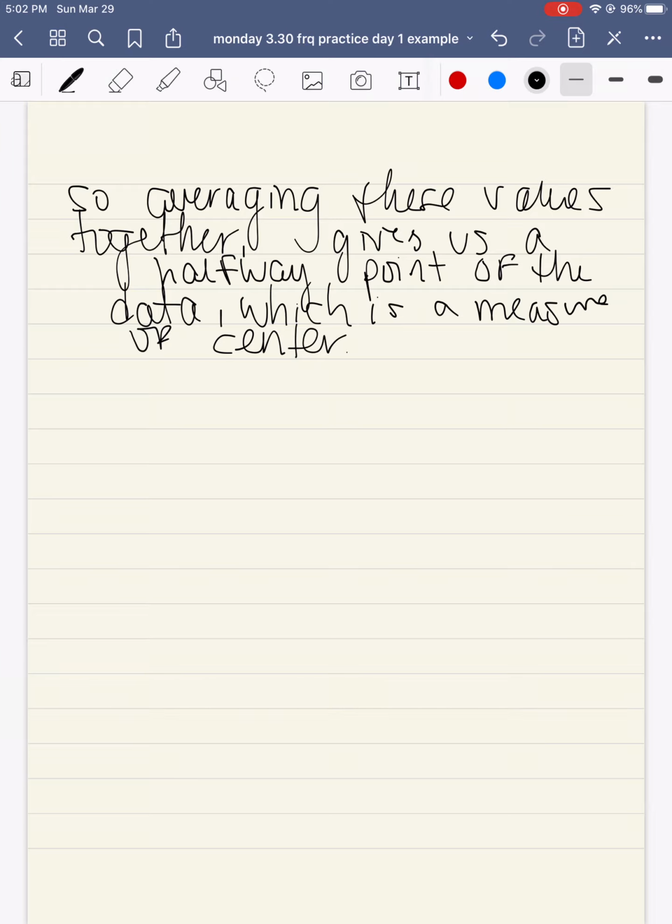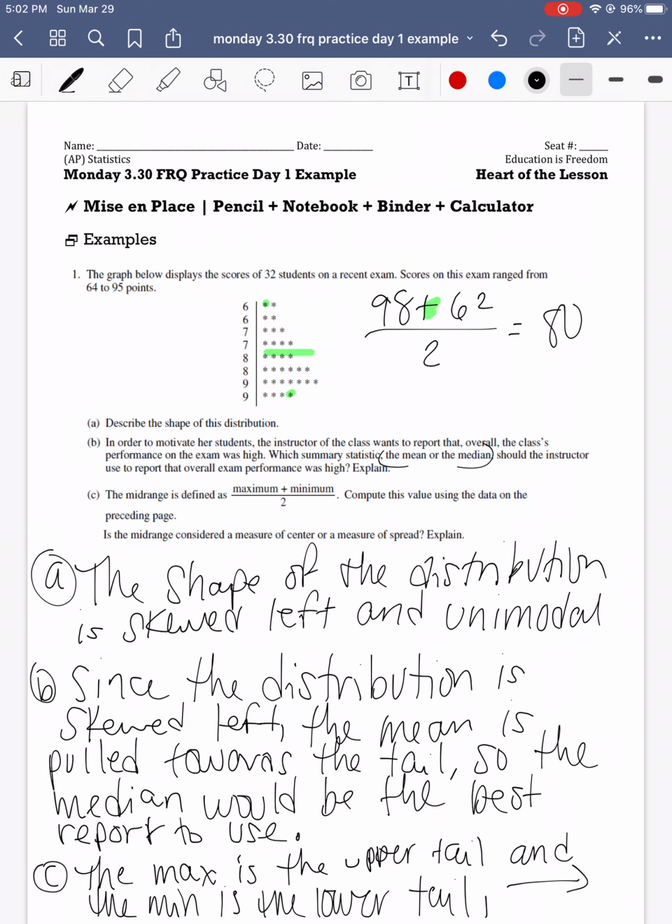Okay, so looking at this here, we have essentially named all of the pieces of describing a distribution. We started with the shape. We described the center here with the median. Well, I guess we didn't measure spread. But this is something that you might expect on an AP exam.